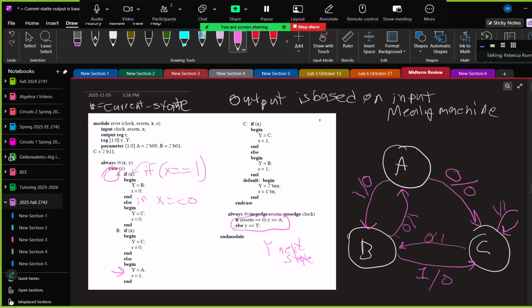And the if reset n equals 0, that just means if I've pressed the reset button, then the state I'm going to go to is A, so this is going to be reset. And then else y equals y, that's just making it advance the clock.